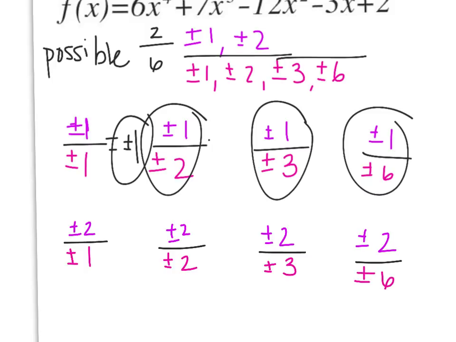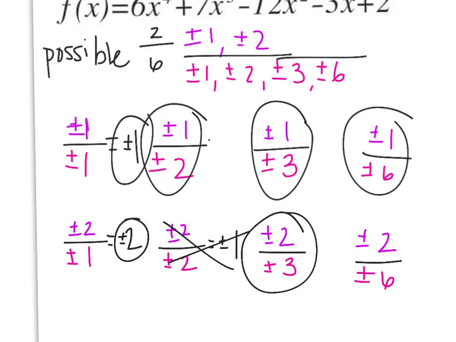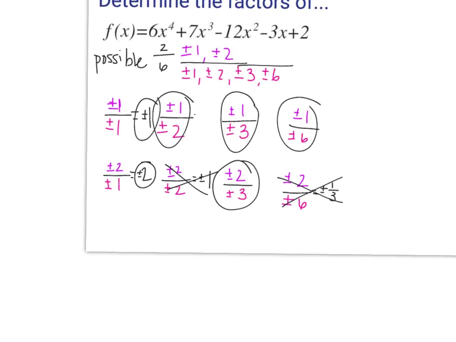Well, 2 divided by 1 is 2. That's a new one. I haven't seen that one yet. 2 divided by 2 is 1, so that's out. 2 divided by 3, can't do anything with that. Hadn't seen that one yet. 2 divided by 6 is 1/3. Oh, I already got that one, so that one's out too. Okay, so I have 2, 4, 6, 8, 10, 12 possibilities.